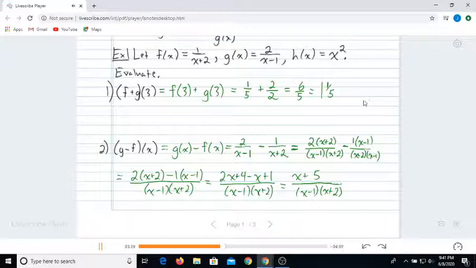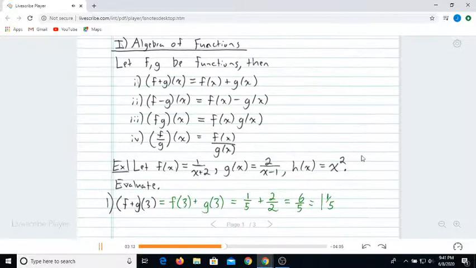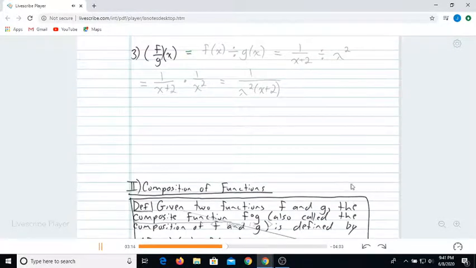Alright, let's look at one more example. F divided by g at x, so that's going to be f at x divided by g at x. So f at x, let me look back at the directions on the last page, is 1 over x plus 2, divided by x squared.